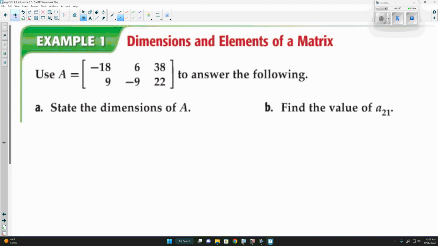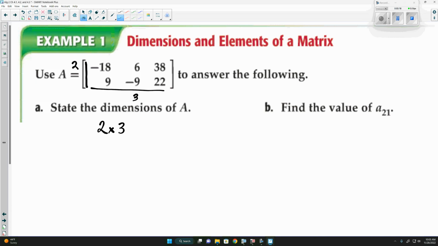Let's look at this first example. The first thing it wants us to do is state the dimensions of A. What would be the dimensions of matrix A? Two and 3, so it's a 2 by 3.